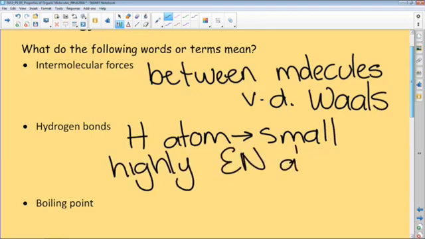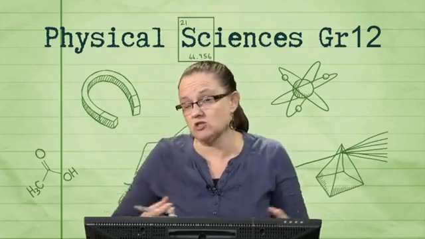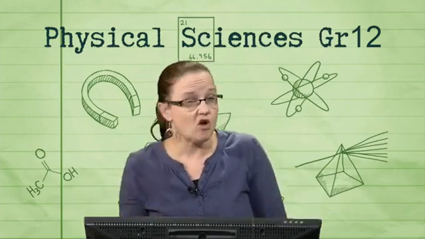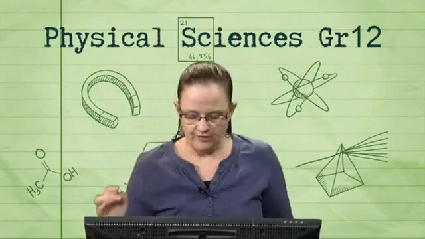That would be things like oxygen, nitrogen, and fluorine. Those are the ones we'd use. Now, for organic chemistry purposes, we're talking about oxygen. So when we look at hydrogen bonds, we're looking at the molecules that have oxygen and hydrogen in them, that have the hydroxyl group or the carboxyl group. Okay, so that's what we're looking at.